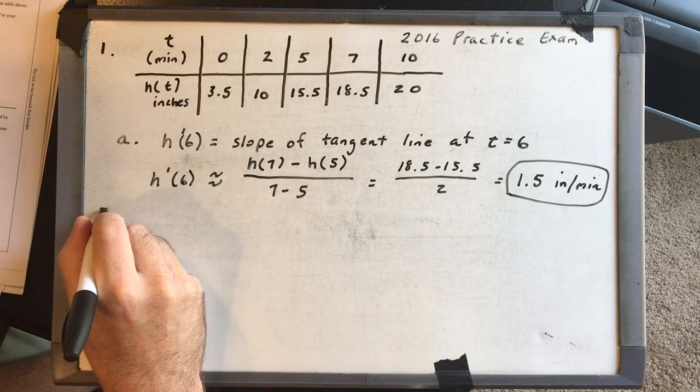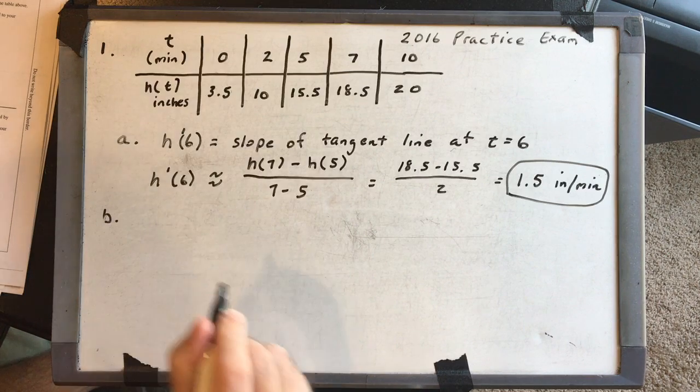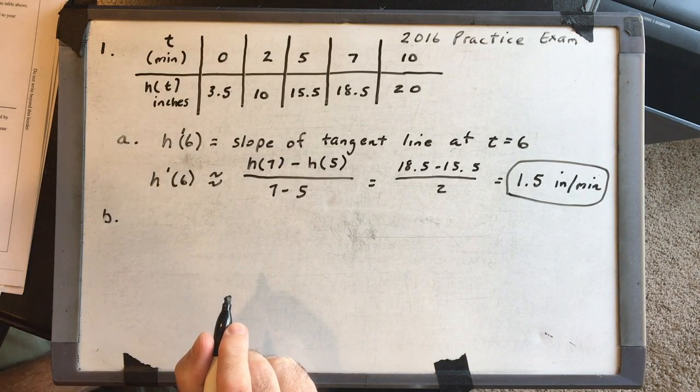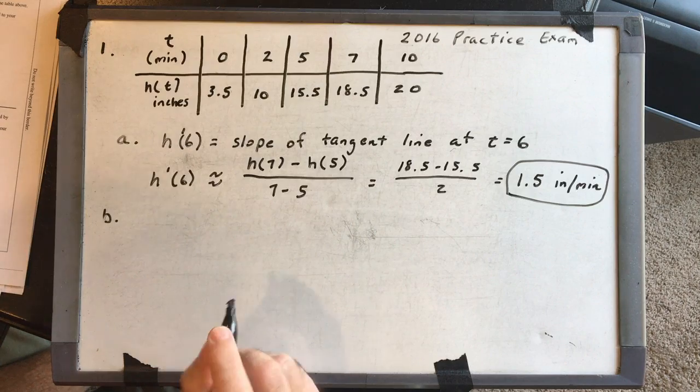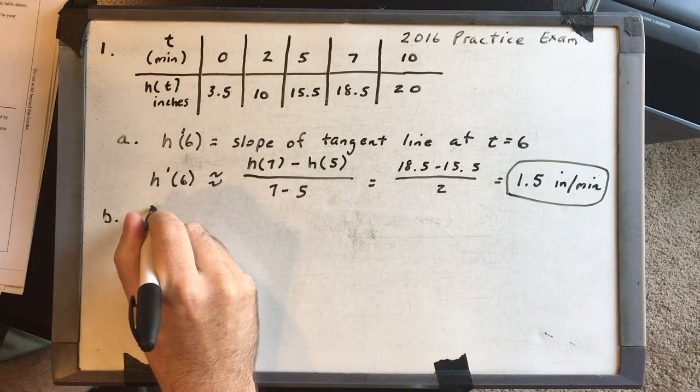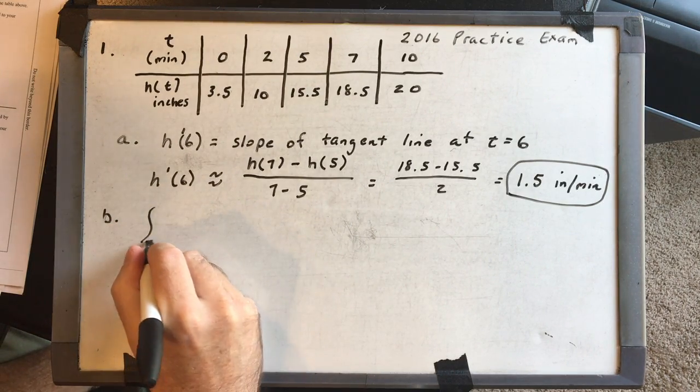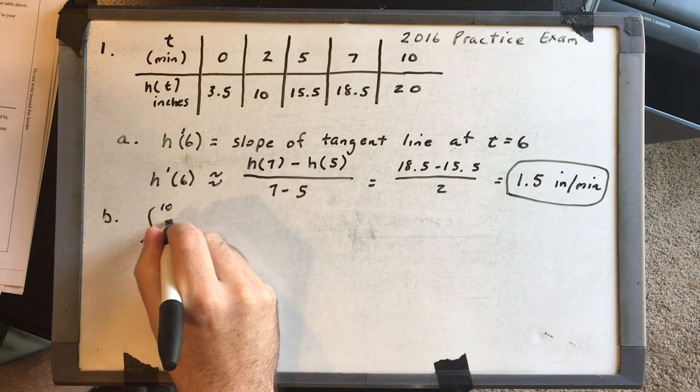Part B. This is probably the key part of this problem. It says, approximate the value from 0 to 10 using a right Riemann sum, and then it asks a follow-up question: is this approximation greater than or less than the actual value? Okay, so we're going to use a right Riemann sum, 0 to 10.